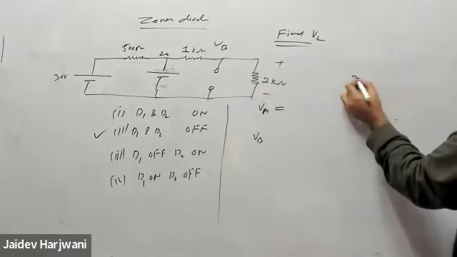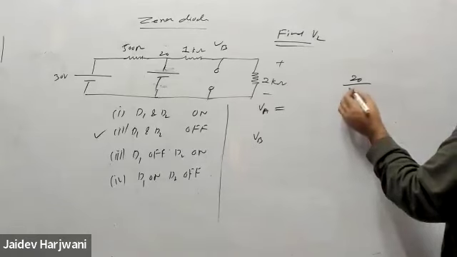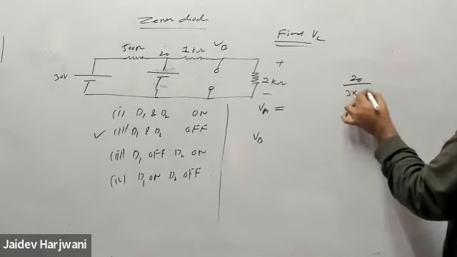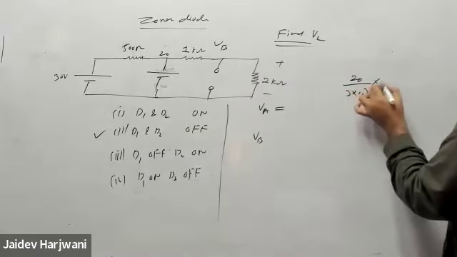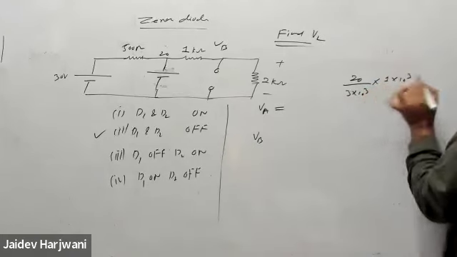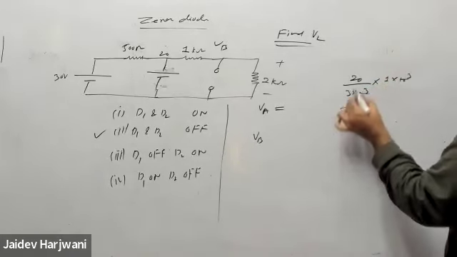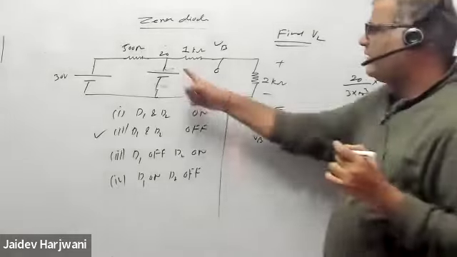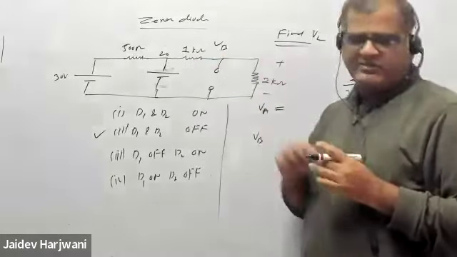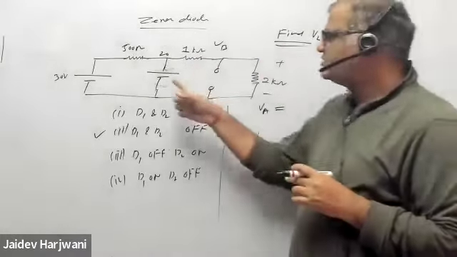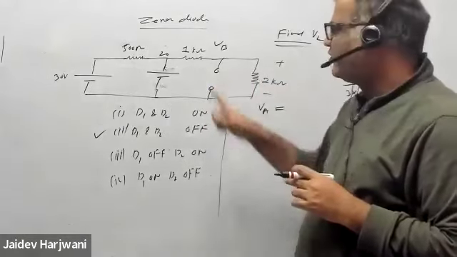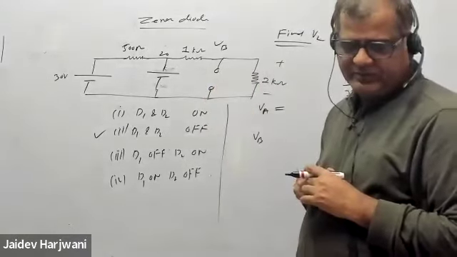And if you find a drop across 1 kilo ohm, it comes out 6 point something, and 20 minus 6 point something, again 14 point something is coming here. So if this is on, this cannot be off. Are you getting what I'm saying?